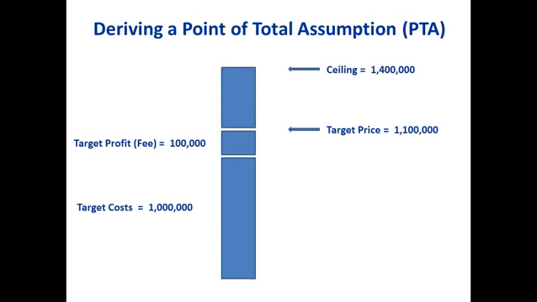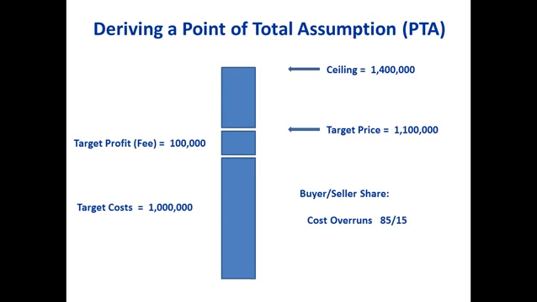But just to protect you as the buyer, you agree a ceiling, and you say, look, this is not going to go above 1,400,000. Even if those costs do escalate beyond what you estimate, we will not pay more than 1,400,000. Having done that, you revisit the costs and you say, there's always a possibility that the costs might overrun.